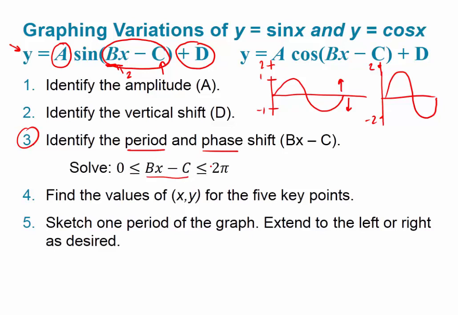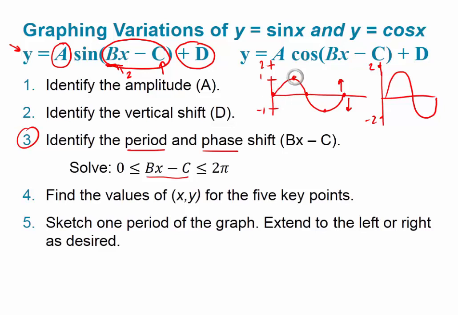Okay, once we find the amplitude, the period and phase shift, and any vertical changes, then what we want to do is find these 5 key points on our graph. Let's take a look back here at this first graph I made. It's where it starts, where it ends, where it reaches its peak and valley, and where it comes back to the middle.